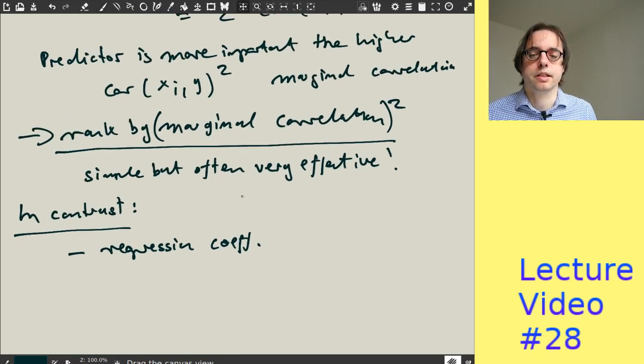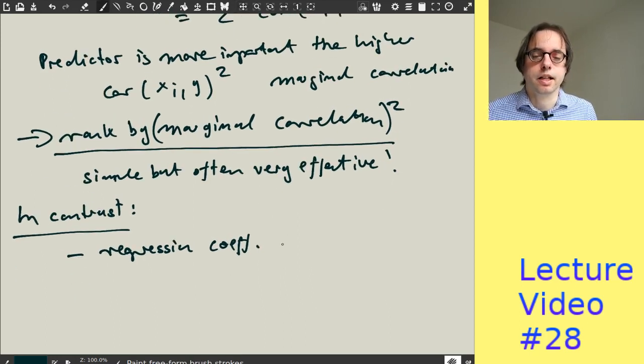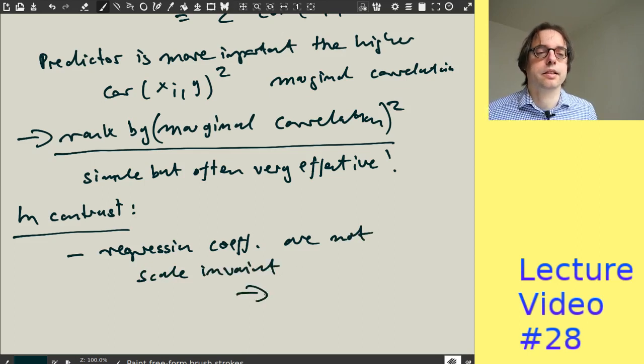So regression coefficients are not scale invariant. So they are ruled out as a means for ranking, not good for relative comparisons.